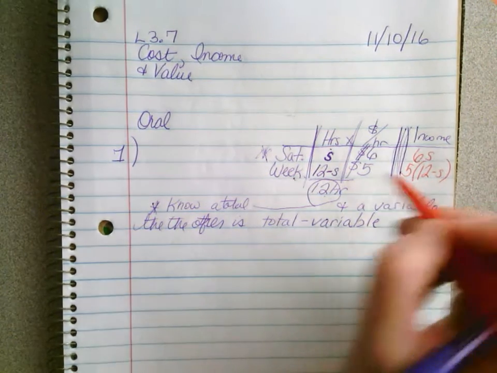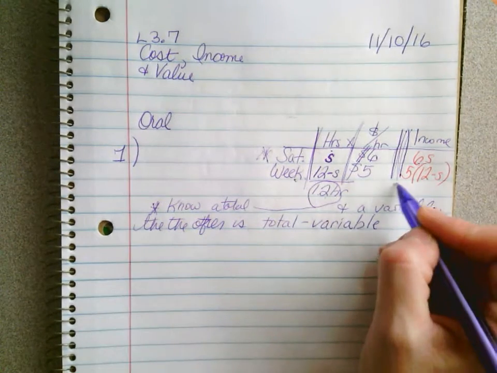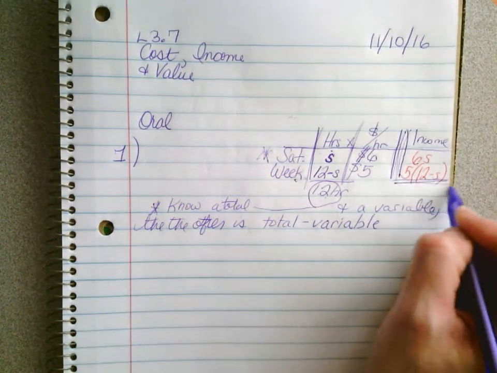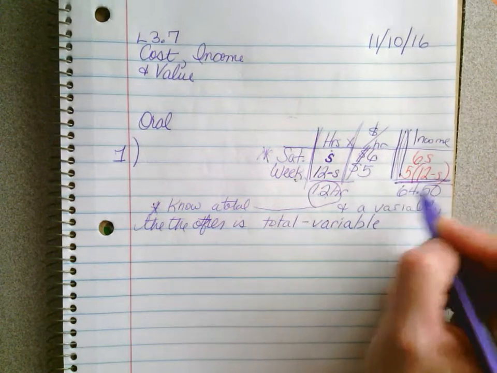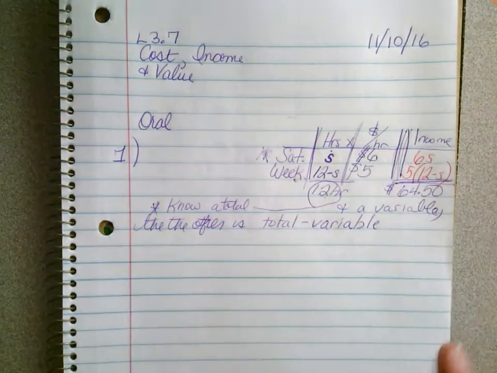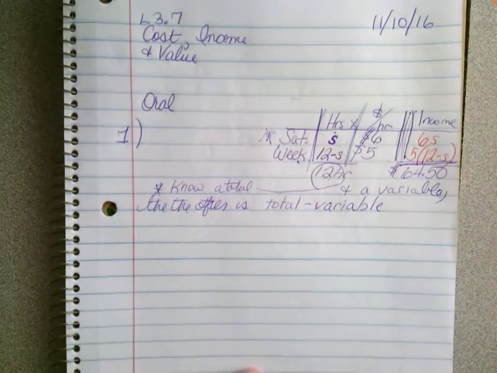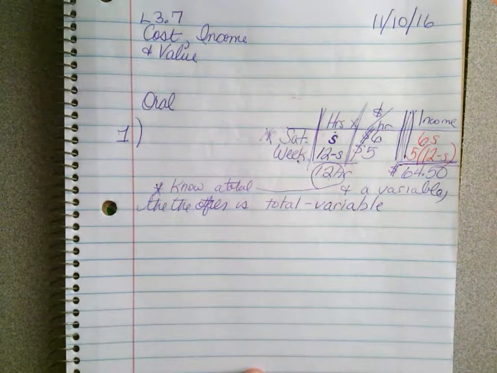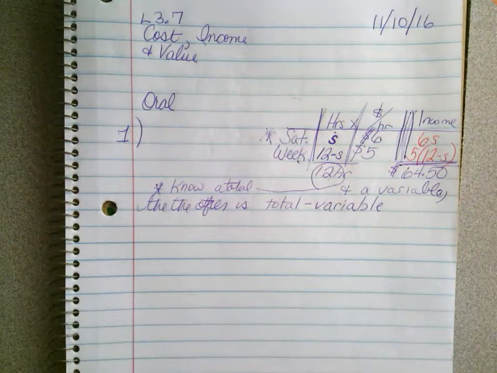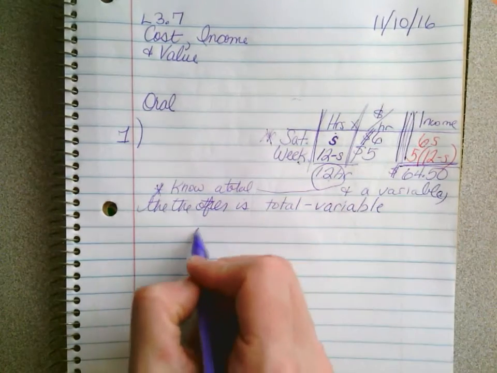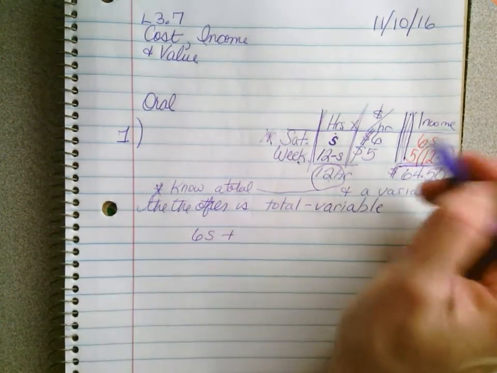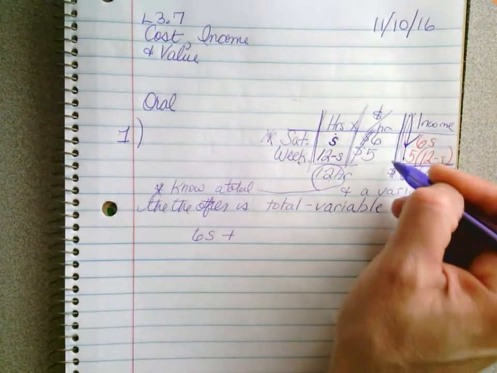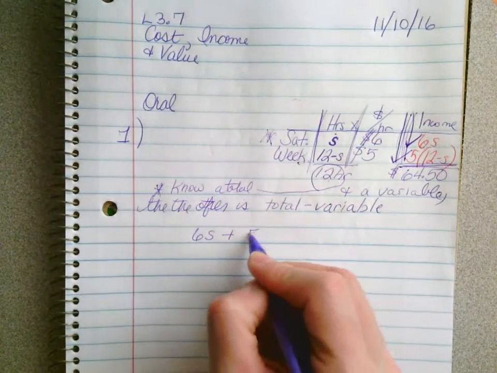We also know a total for her income, don't we? Doesn't seem like very much money, does it? How much money? $64.50. Yeah. So $64.50 is the result of her Saturday income added to her weekday income.